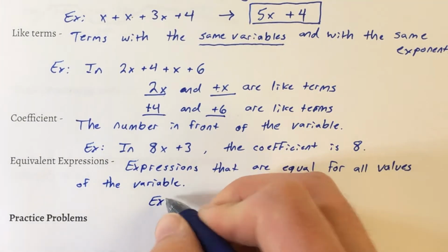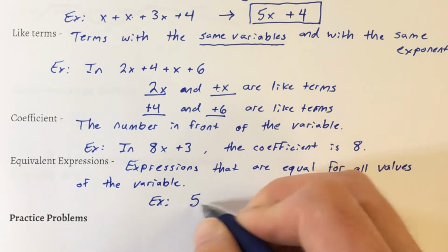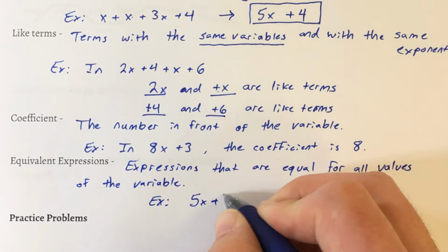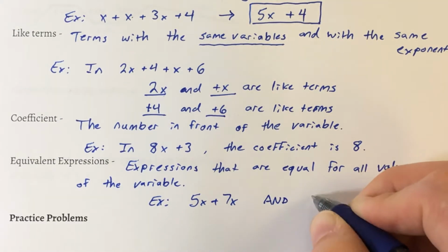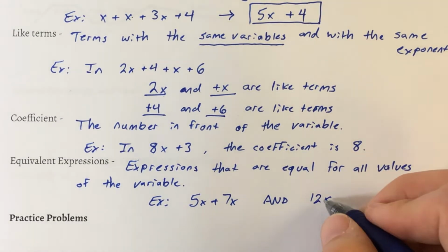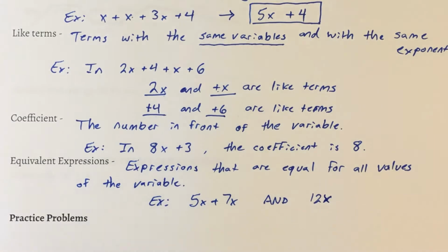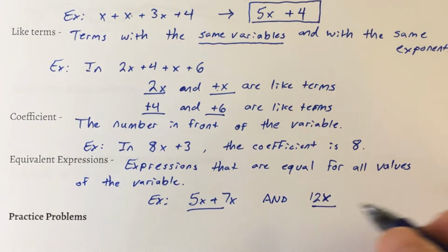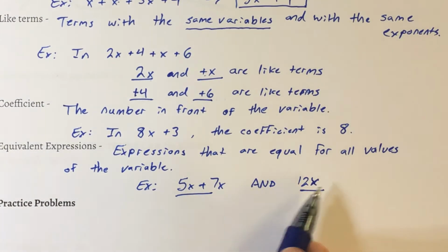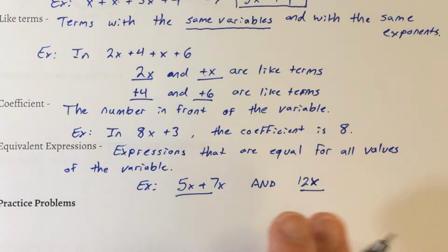Example, let's say I have 5x plus 7x, and I have 12x. Both of these are equal because if I take any number for x, whether it's -1, 10, 5, doesn't matter, these are going to come out to the same answer. So, quick demonstration.